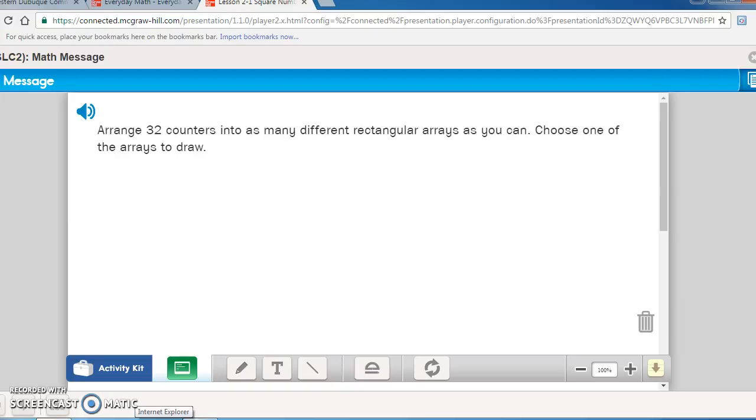You're going to explore different types of arrays. I want you to set your objects up in a 4 by 4 array. Stop the tape now and do that, please.